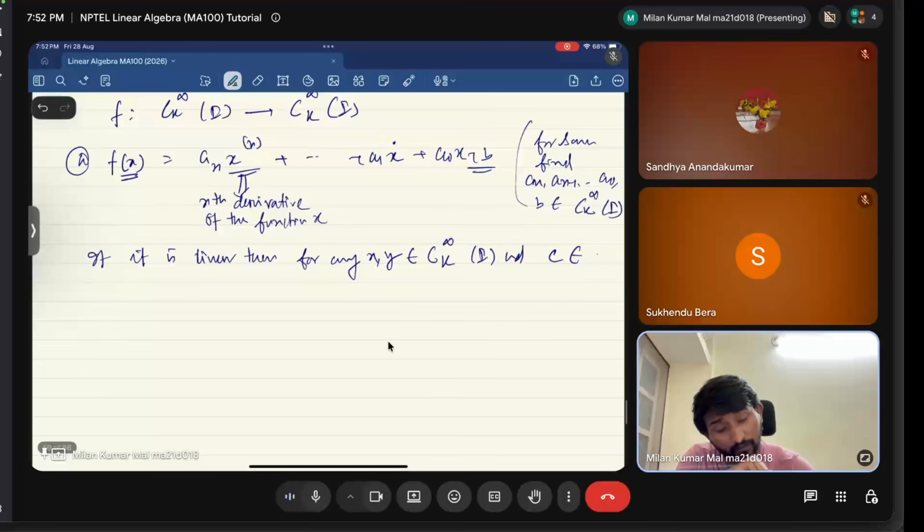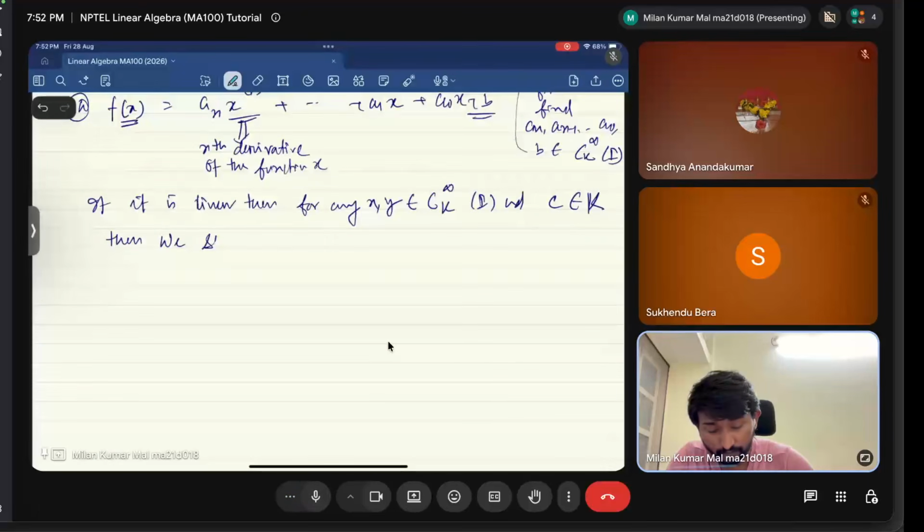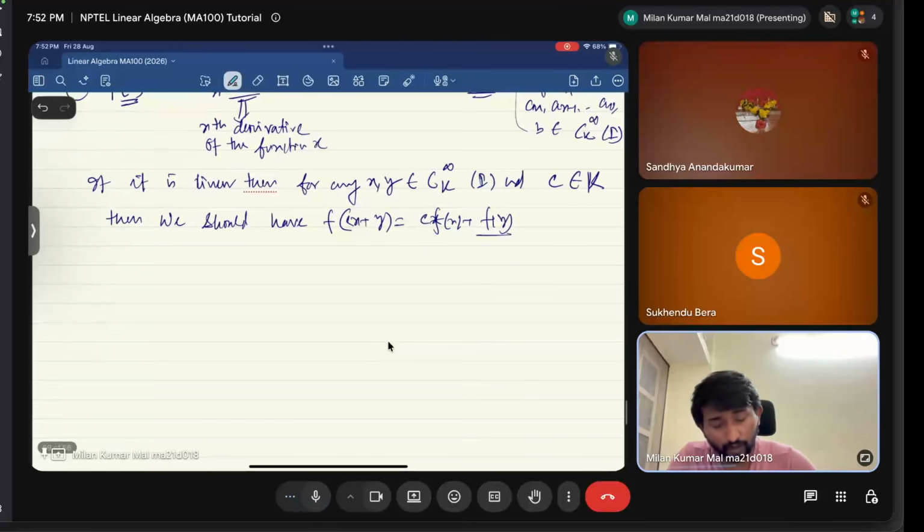The field is K. Then we should have f of cx plus y equals c times f of x plus f of y.